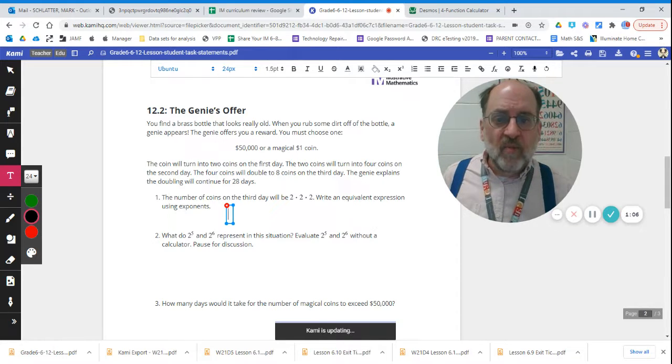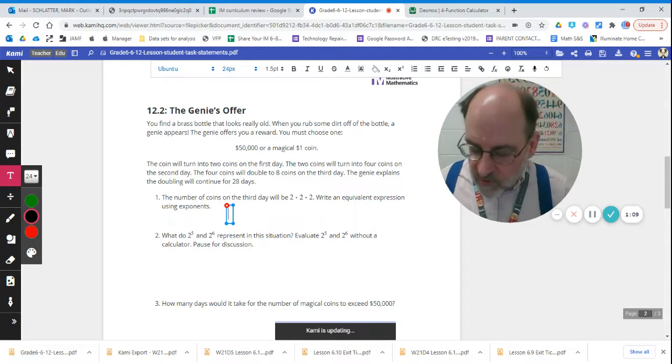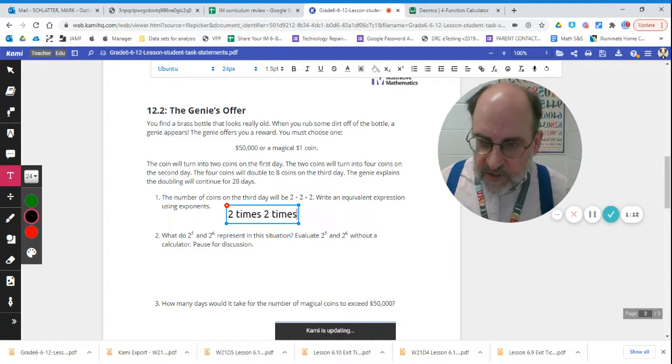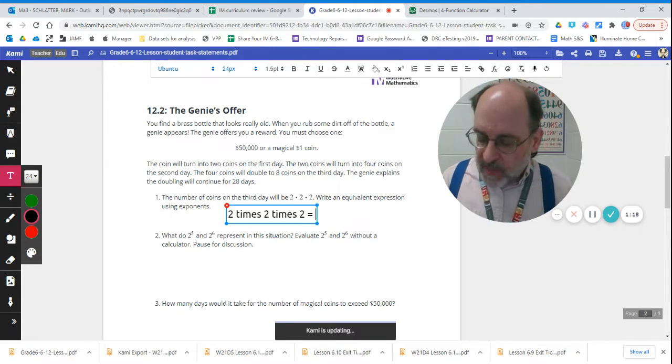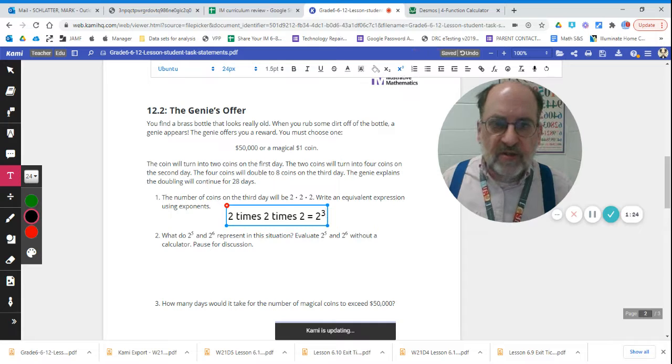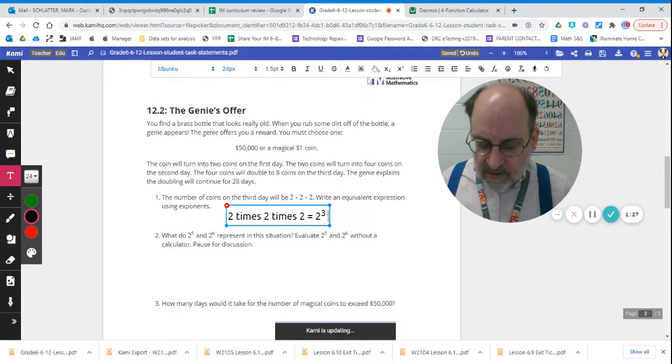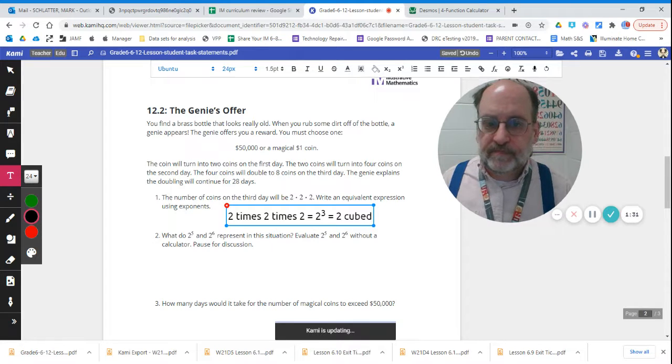We have talked about multiplying 2 times 2 times 2 before. We have talked about that as 2 cubed, or 2 to the third power. So I'm going to type a 2 here, and up here I can type a superscript, an exponent, and then click out of that. That is 2 cubed.